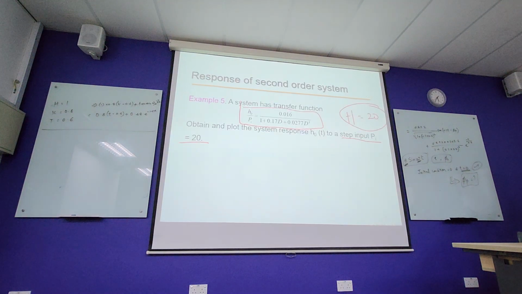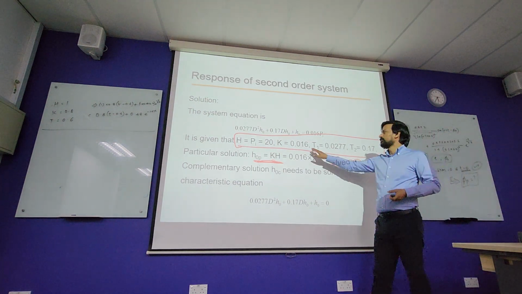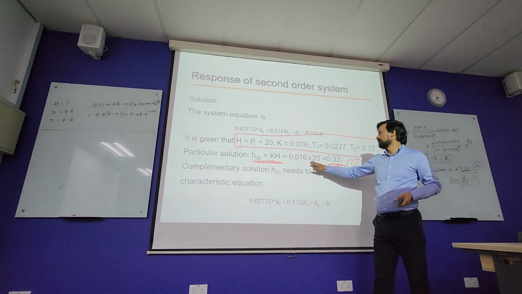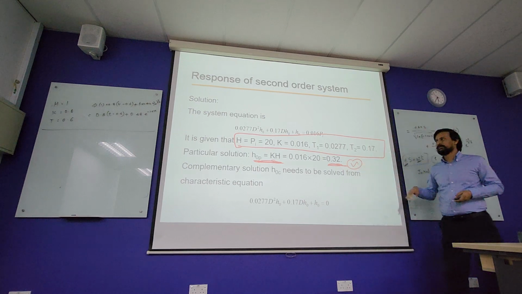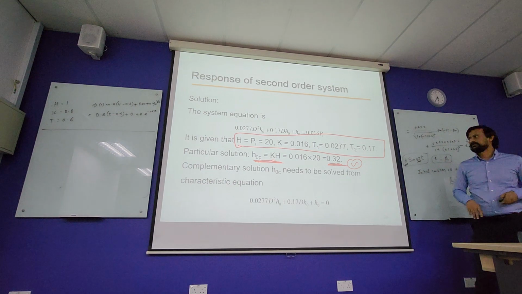So coming to the question, over here k and h: the gain constant is 0.016 and h is 20. That is your first particular solution. That's the first step, based on the step input.